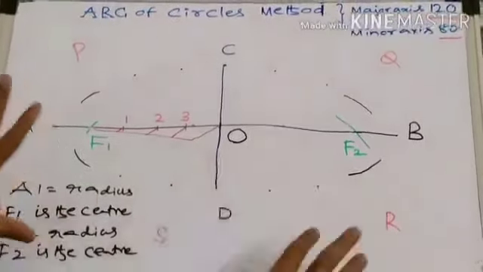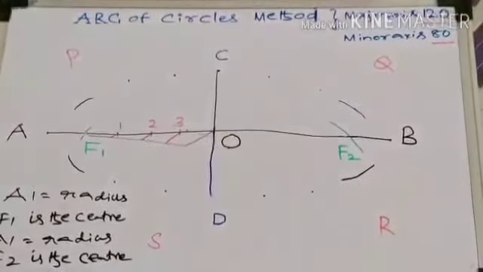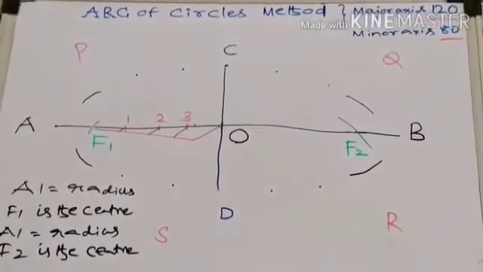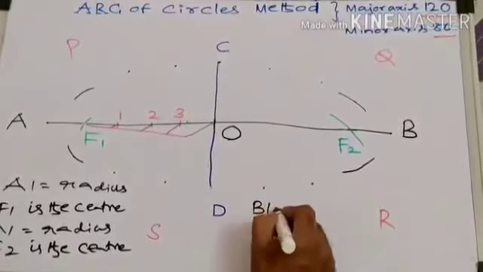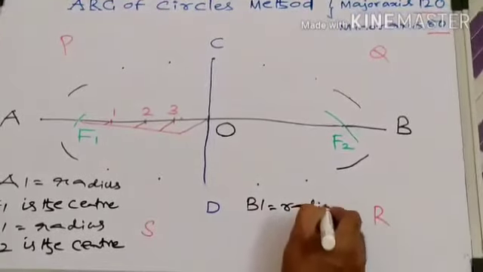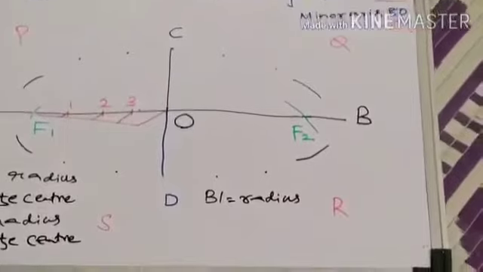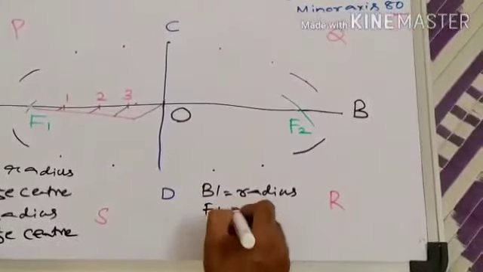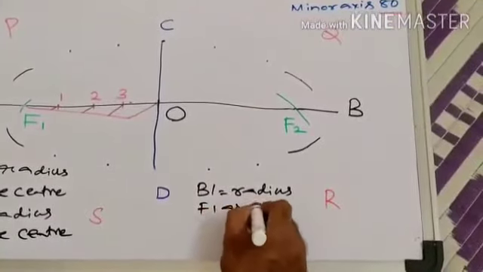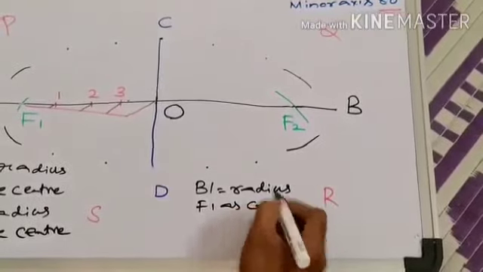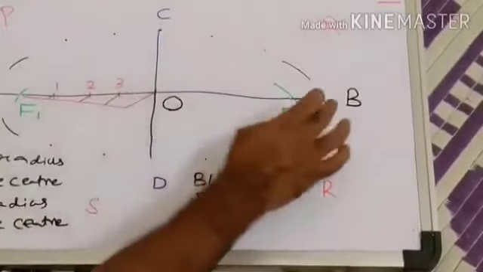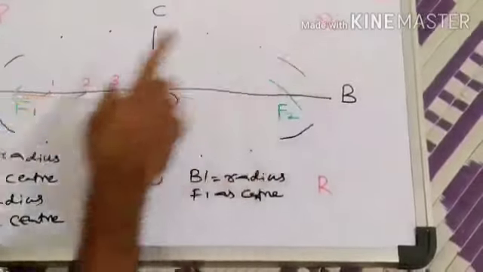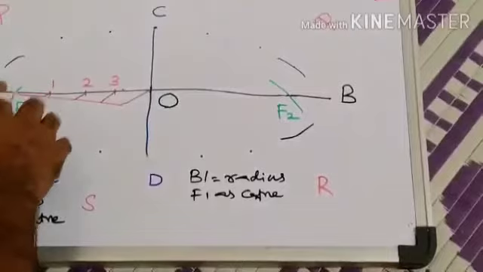Now, after dividing these portions, the next step is B1 as radius. B1 is the radius and F1 is the center.